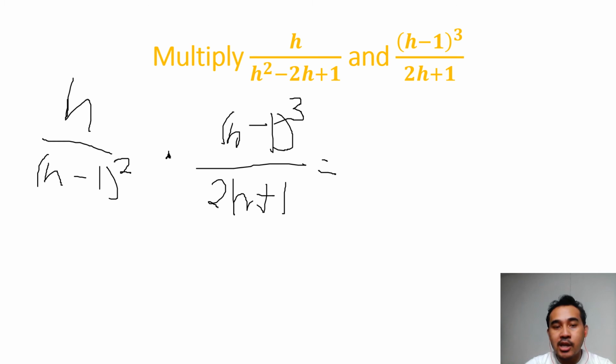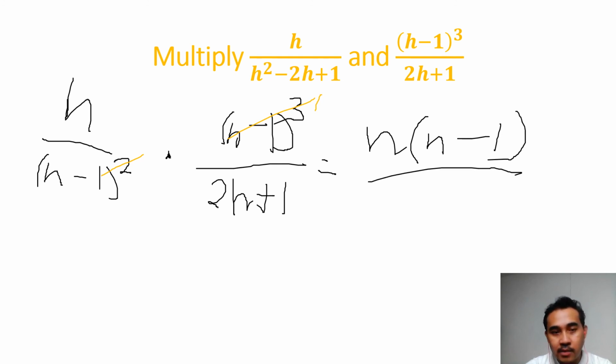So remember, you can cancel this one. It's 2, then this would be 1. So you have h times h minus 1 over 2h plus 1.